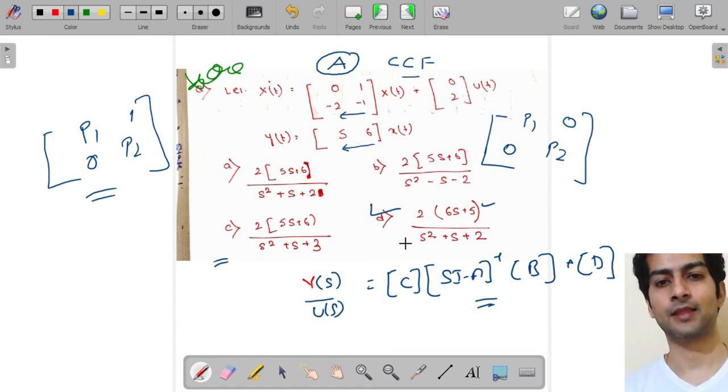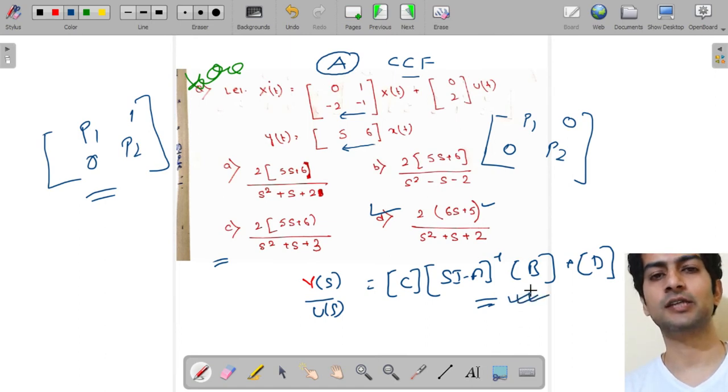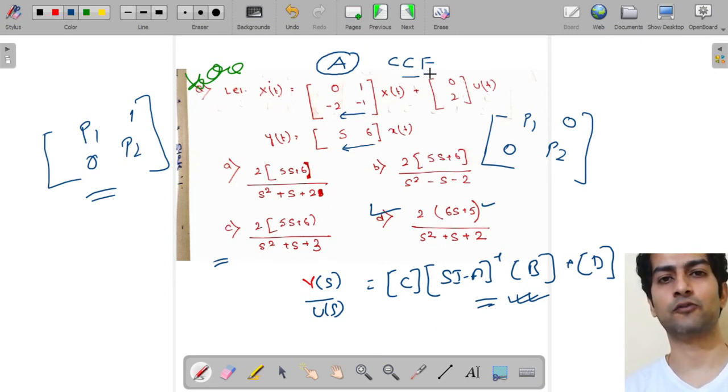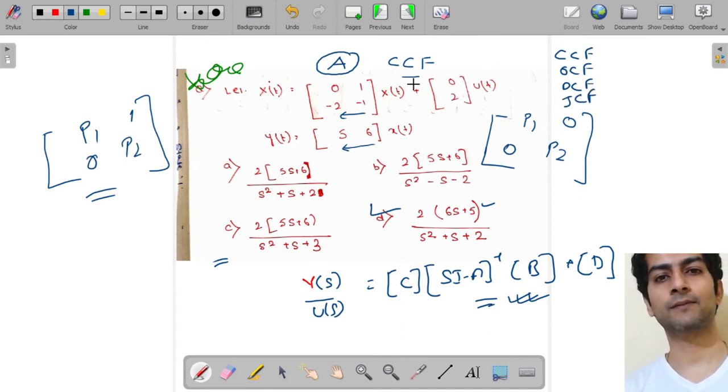But see friend, this is the general form. What all forms have we learned? CCF, OCF, DCF, JCF.